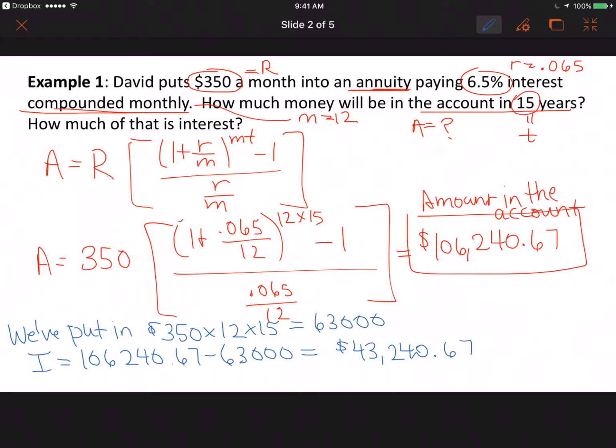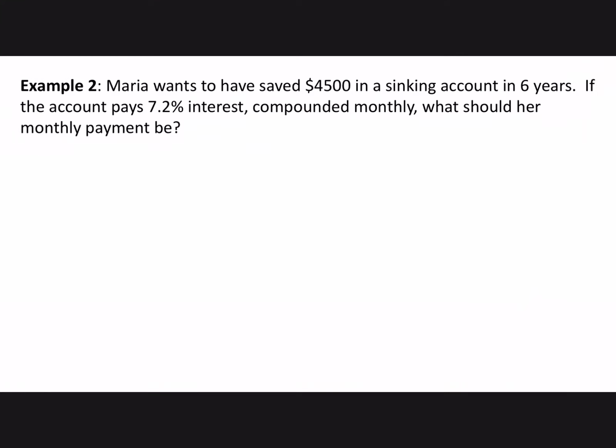Make sure that you agree with that. All right, so that's sort of the first kind of problem that you might see with annuities. Let's look at another problem.